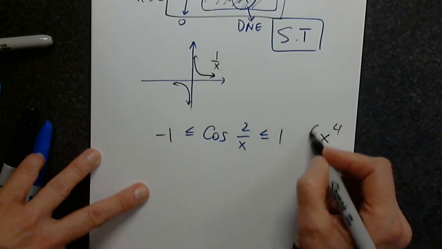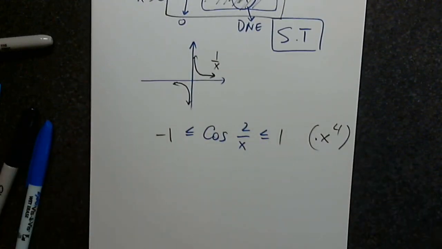Multiply by x to the fourth, all 3 sides. However, we have to pay attention to one very important item. I have to make sure that x to the fourth is not 0, because I'm not allowed to multiply by 0 all 3 sides of the compound inequality. And I have to make sure that it's positive, because if it is positive, then I don't have to switch the inequality symbols, right?